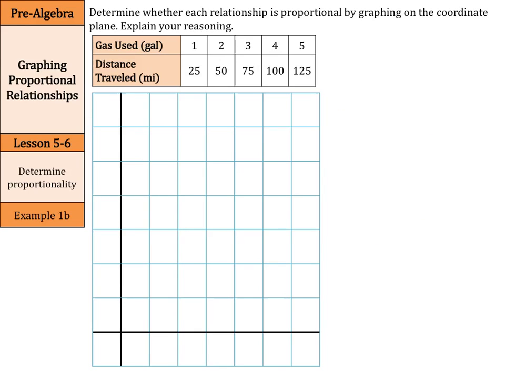As we look at our next example that's very similar, we're going to have our gas used in gallons as our x-axis. Our distance traveled is going to be on our y-axis.